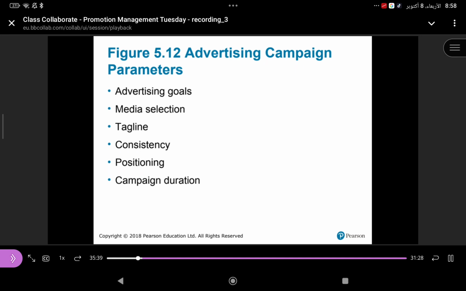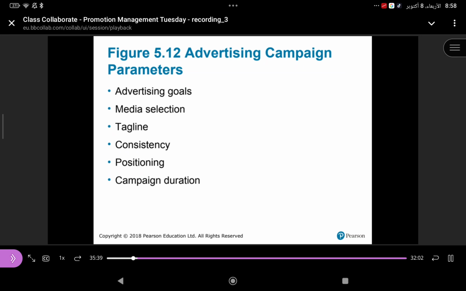How we can manage all these things in order to get the benefit of the advertising campaign, reaching the maximum number of customers, more and more customers, how we can approach, how long it will take, what are the different components related to the campaign, how we can reach up to them.